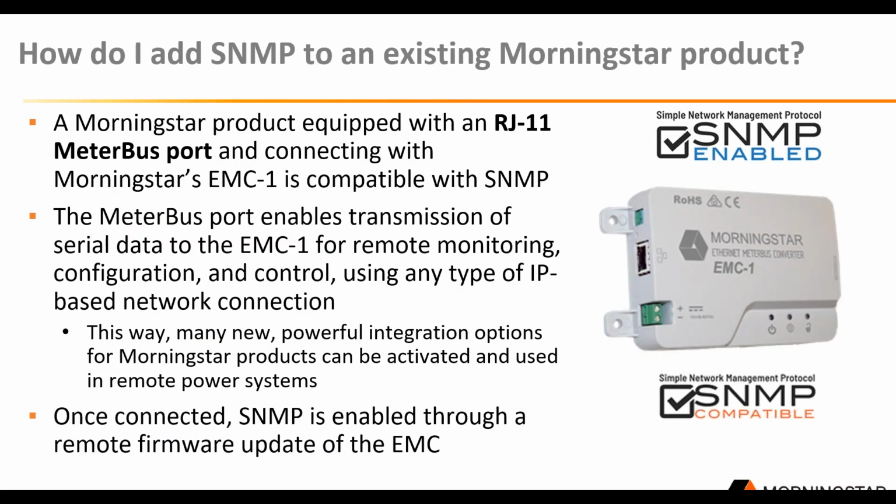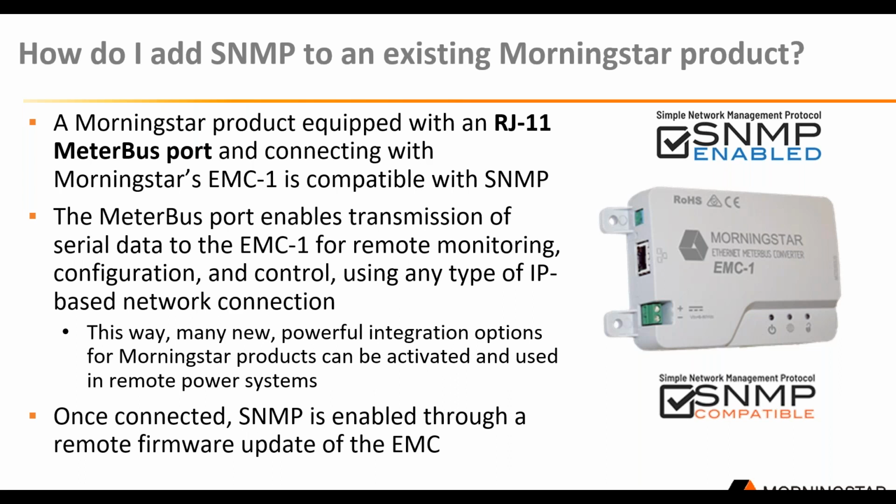So just to talk about how to add SNMP to a Morningstar product, again, it is enabled through the EMC1, which needs to be connected to the RJ11 MeterBus port of all the supported devices.